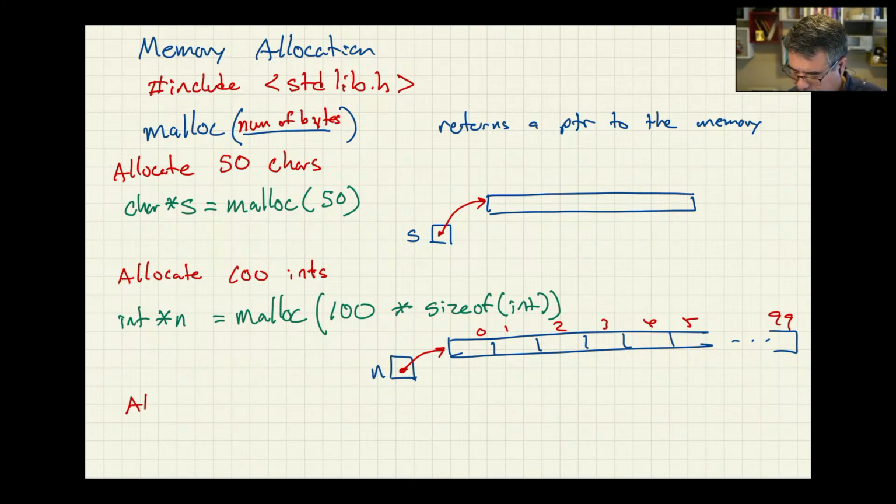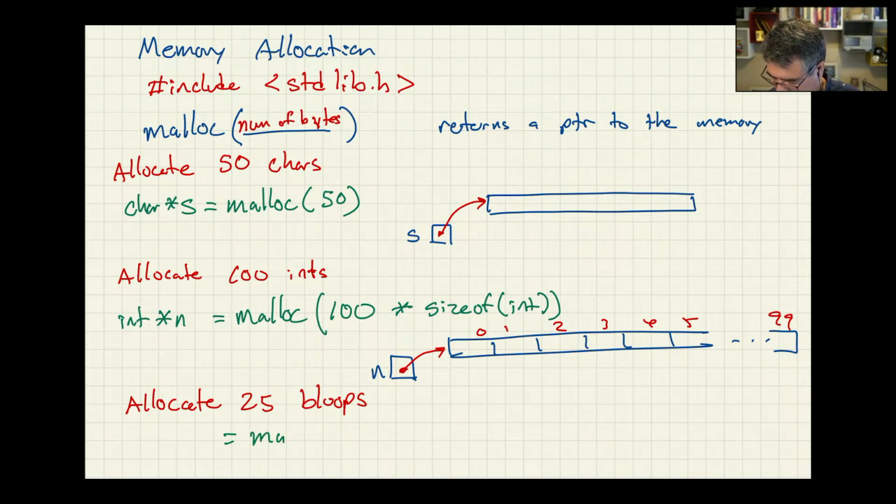Okay, so finally, how would I allocate 25 bloops? Malloc 25 times size of bloop.